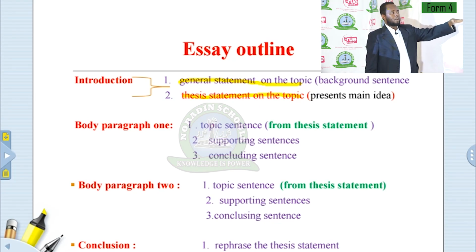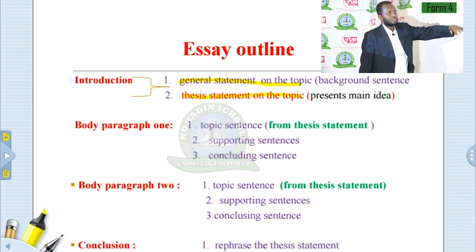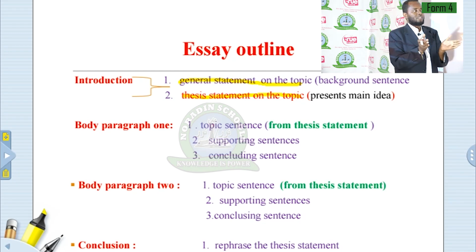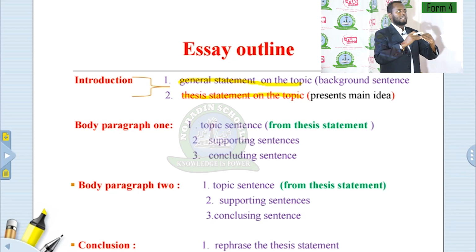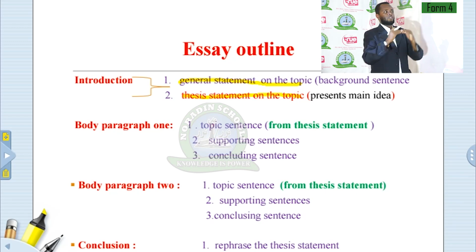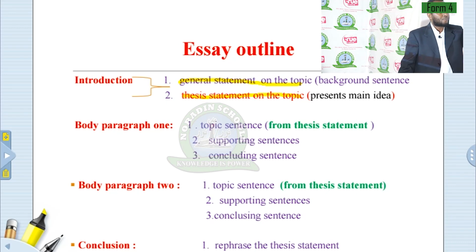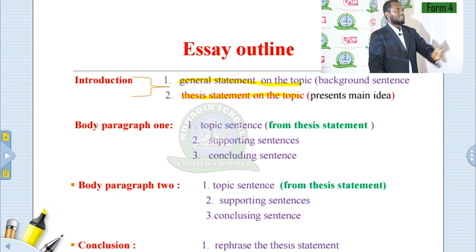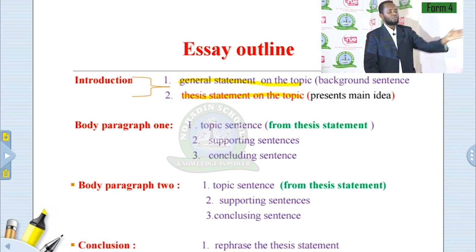And this is body paragraph 1, topic sentence. You're going to start with a topic sentence. Every paragraph, especially body paragraphs, has a topic sentence from the thesis statement, supporting sentences, and a concluding sentence.